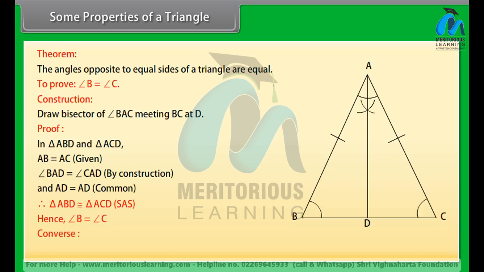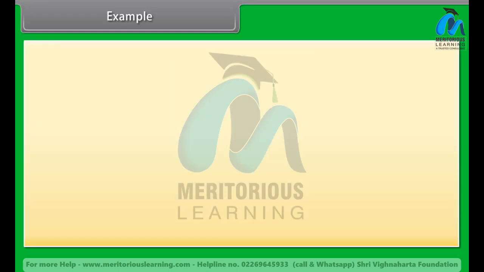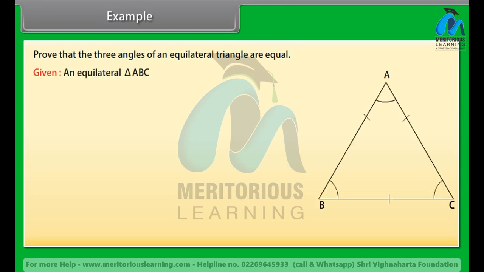The converse of the above theorem is also true, which says that the sides opposite to equal angles of a triangle are equal. Example. Prove that the three angles of an equilateral triangle are equal. Given an equilateral triangle ABC, we have to prove that angle A is equal to angle B, which equals angle C. Proof. AB is equal to AC is given.